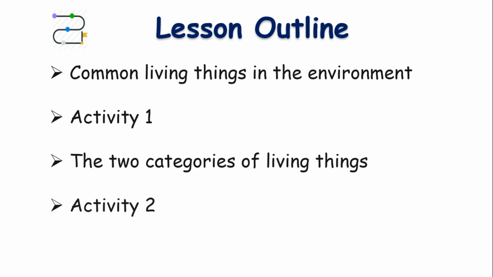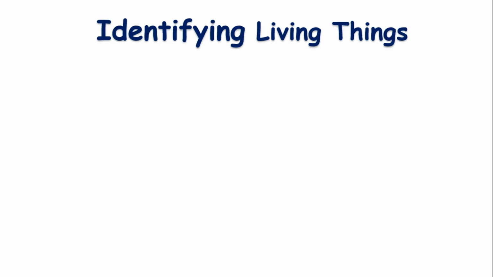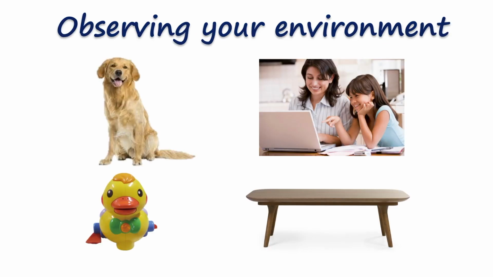Next, we shall do a second activity to classify living things under these two categories. Finally, we shall carry out a last activity to see if you can answer questions on the identification and classification of living things. Are you ready? Let us begin our lesson.